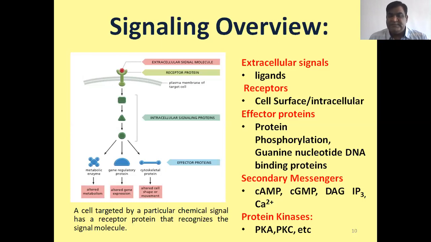Effector proteins are certain membrane-bound enzymes which bring about the synthesis of the secondary messenger. We will be discussing what secondary messengers are, but certain effector proteins are activated and they will generate secondary messengers like cyclic AMP from ATP, cyclic GMP from GTP, and so on.